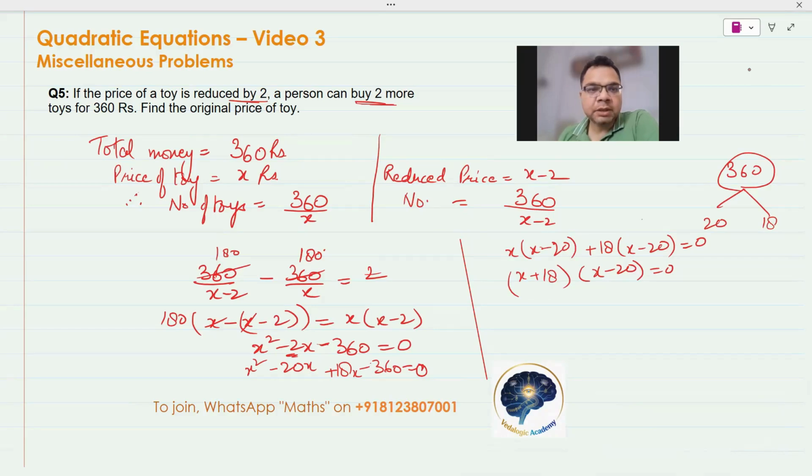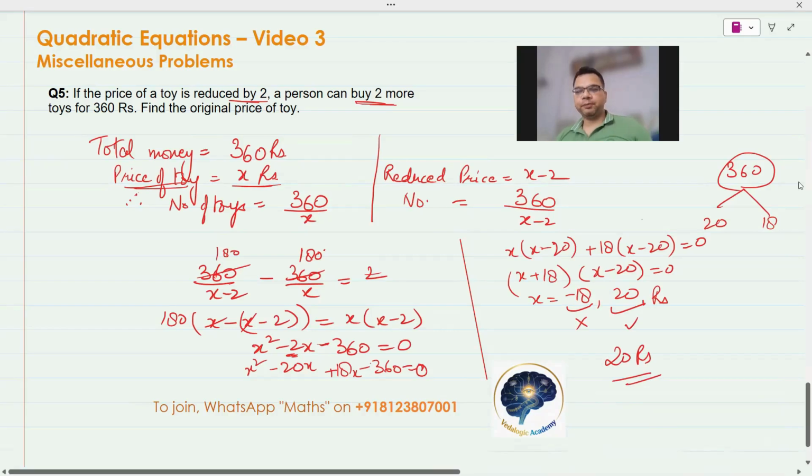Now, we know this x is the price of the toy, so it can't be negative. In our case, it will be minus 18 or 20. Minus 18 is not possible because it's a price. So 20 is what we'll take, and 20 is the rupees. That is the original price of the toy, because that's what we have taken here, right? So 20 rupees is the original price of the toy.